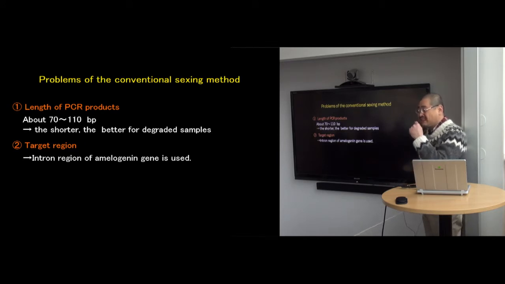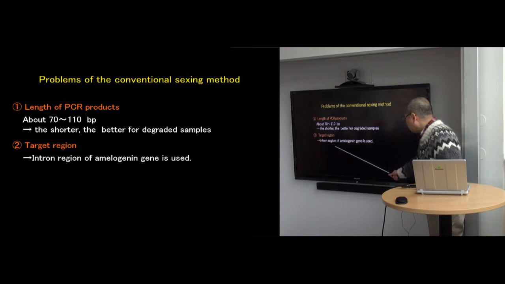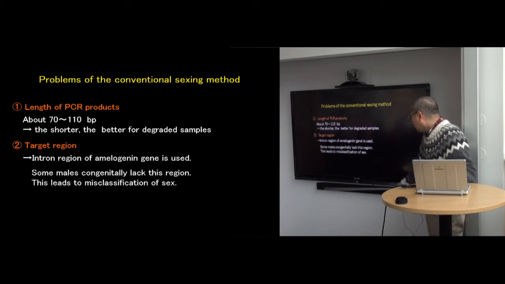Amelogenin is related to human tooth enamel. But some males, especially in Indian or Nepalese populations, congenitally lack this region. So this leads to misclassification of sex.